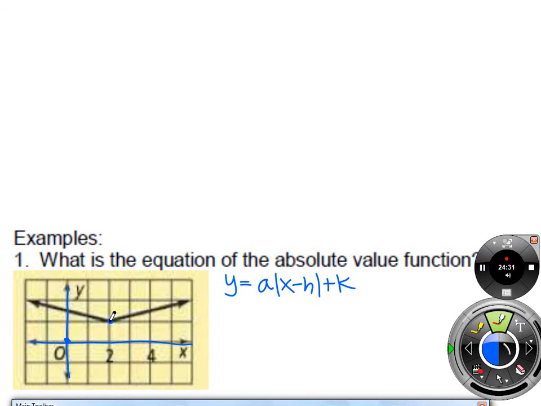This graph has a vertex right here. What was the horizontal shift that occurred? How did it move? 2 to the right. Okay, meaning h is +2. So when I plug in +2 for h, remember in the equation it looks like x minus 2. What was the vertical shift that occurred for the vertex? So instead of being on the x-axis, it's one above. Okay? So k is a positive 1.